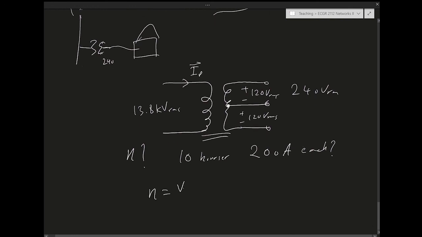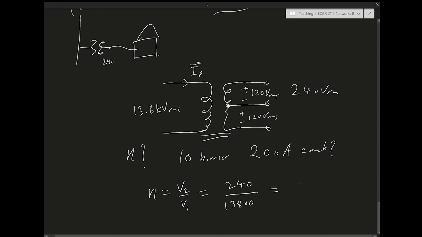So N equals V2 over V1, right? That's what N is, because we said V1 equals V2 over N, so N equals V2 over V1. V2 is 240 in this case over 13,800.